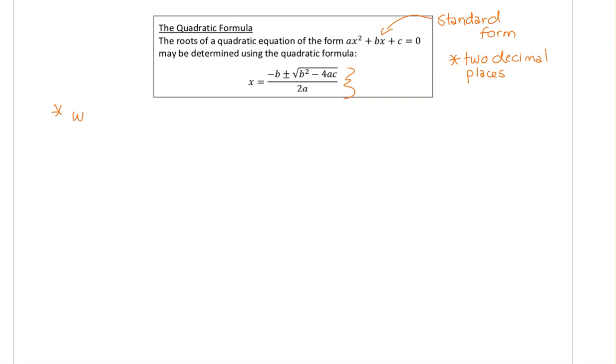So when a quadratic is not factorable, use the quadratic formula.